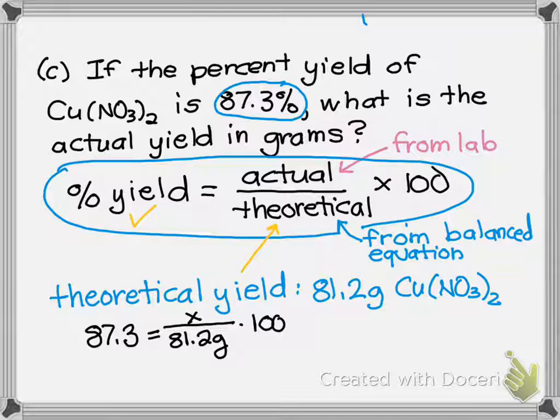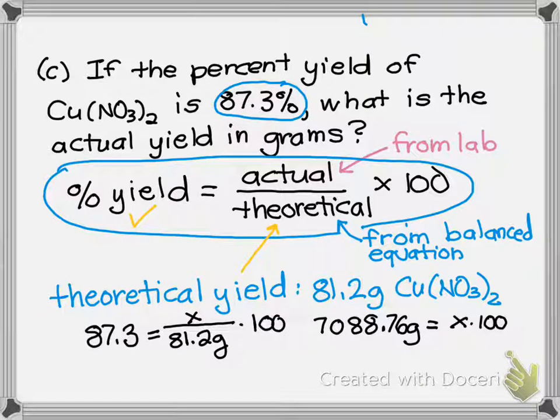So I could say I'm going to multiply the 81.2 over to the left side, times 87.3. And I get 7088.76 grams equals X times 100.